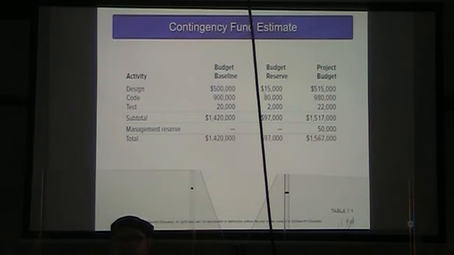We have budget reserves that go along with that of $15,000 for design, $80,000 for coding, and $2,000 for testing. We add the budget baseline and the budget reserve together. We have a management reserve that comes in at that point, so that it all adds up to $1,567,000.